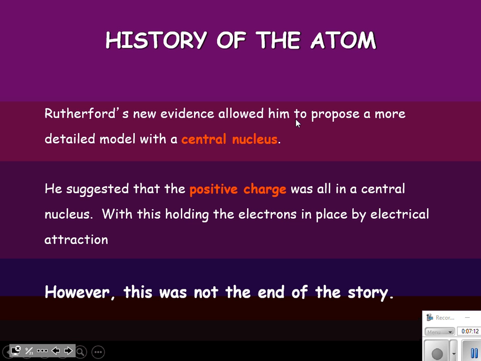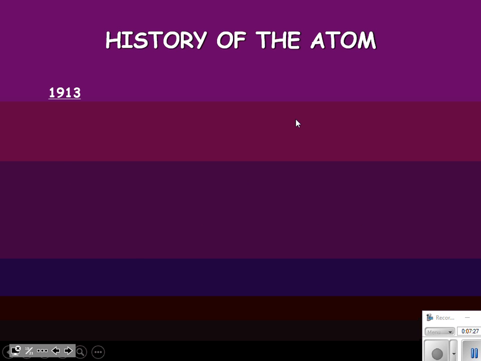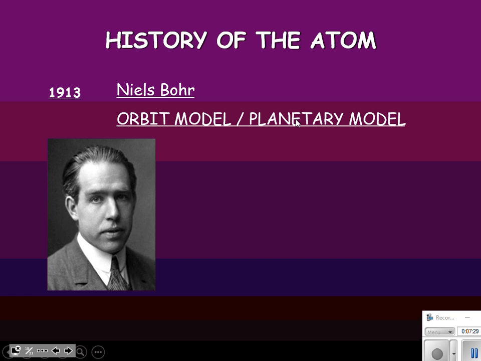So he said the nucleus was positively charged and that it held the electrons together because they were negatively charged. Building on that was a gentleman named Niels Bohr. Niels Bohr came up with what we call the planetary model.